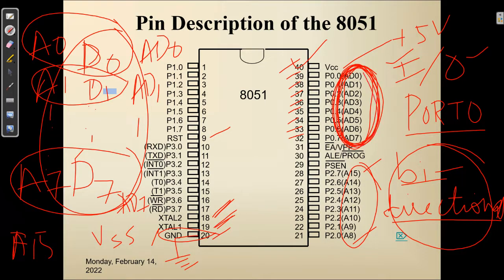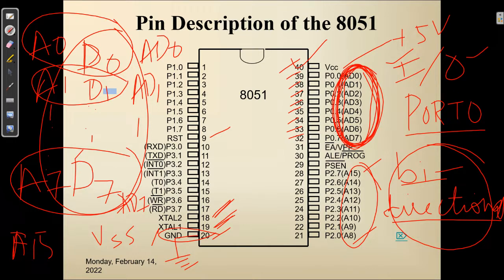I hope you have understood this. दोनों एट अ टाइम नहीं करेगा, क्योंकि इसका दोनों एट अ टाइम का क्या मतलब होता है कि उसमें से एड्रेस भी जा रहा है और उसमें से डेटा भी जा रहा है, ऐसा नहीं होता है. पहले एड्रेस बाद में डेटा, so one at a time. Clear to everyone?